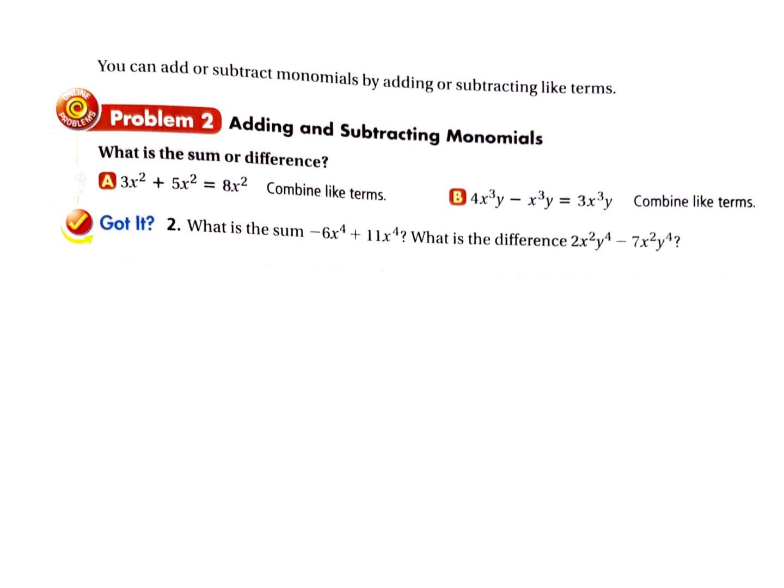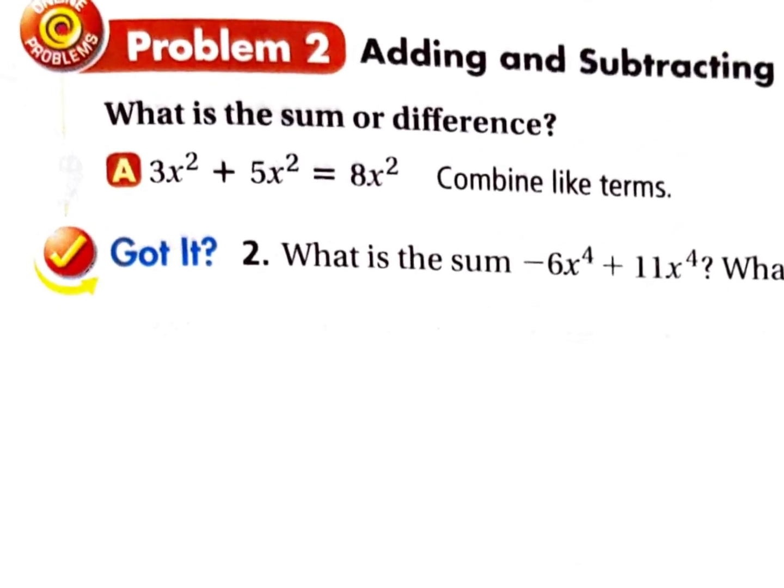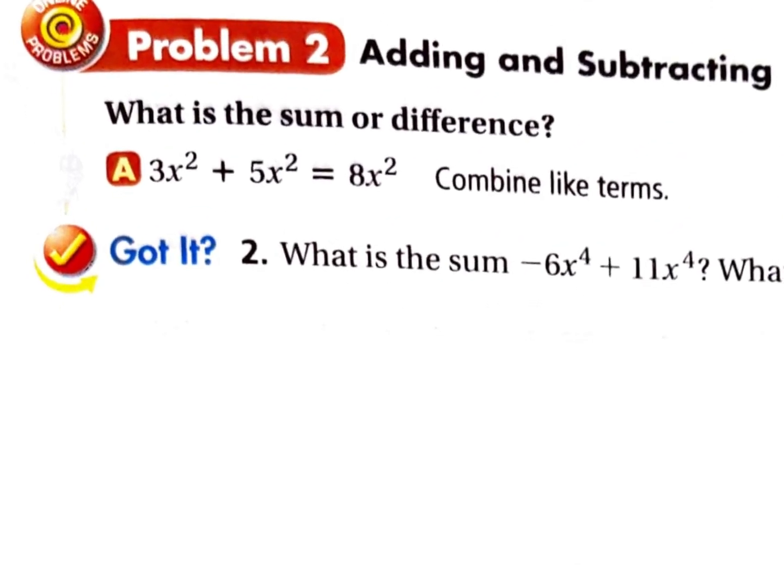So we can add or subtract monomials if they're like terms. If you look at problem 2, part A, 3x squared plus 5x squared is equal to 8x squared. Just like 3x plus 5x equals 8x, just like 3 plus 5 equals 8. It's the same idea.